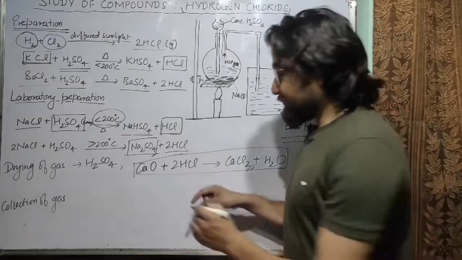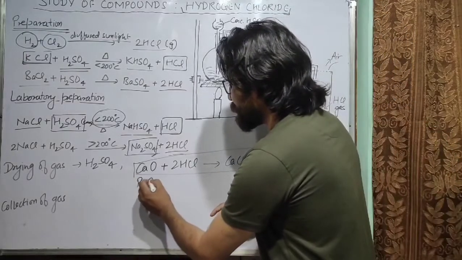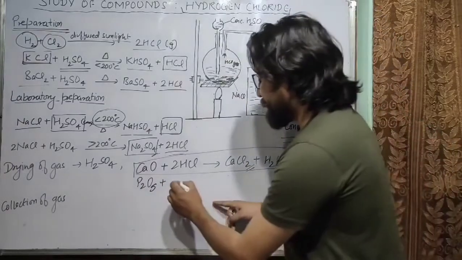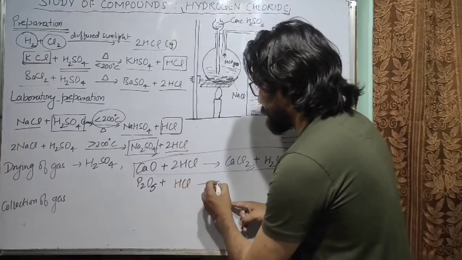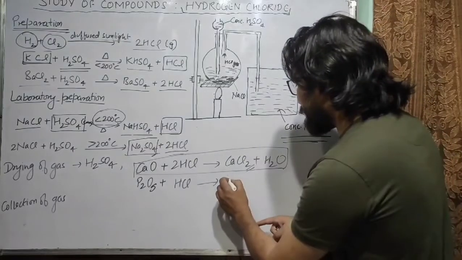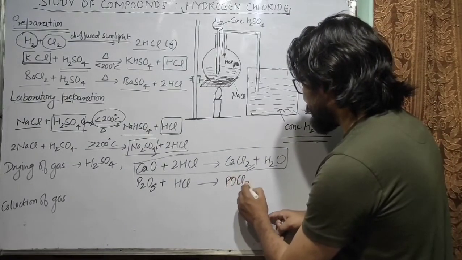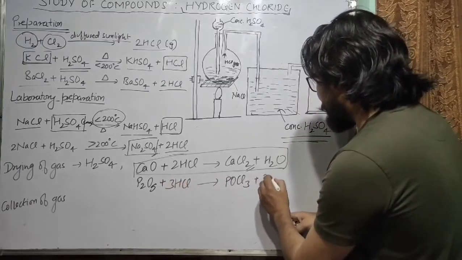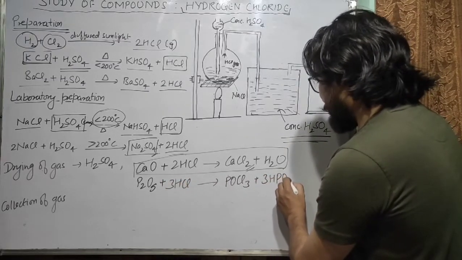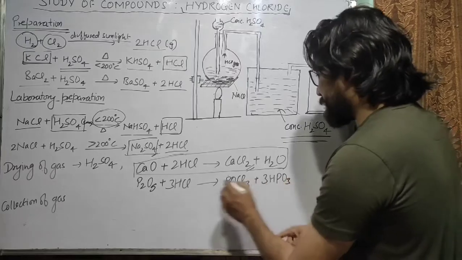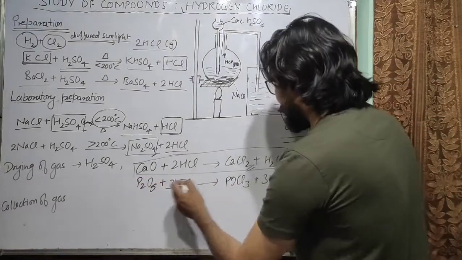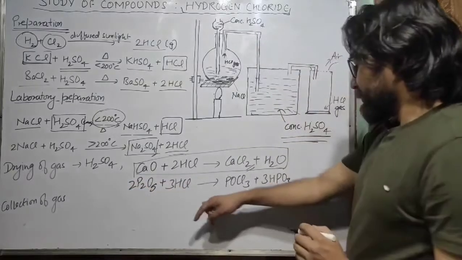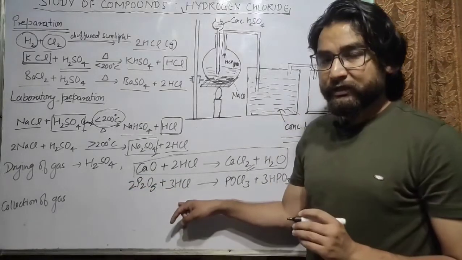Now, in the same way, we cannot use P2O5, that is phosphorus pentoxide, because phosphorus pentoxide will react with HCl and it will form POCl3 plus H3PO3. So you can balance the reaction, P2O5 plus 3 HCl. Now, so this is how the reaction will take place.